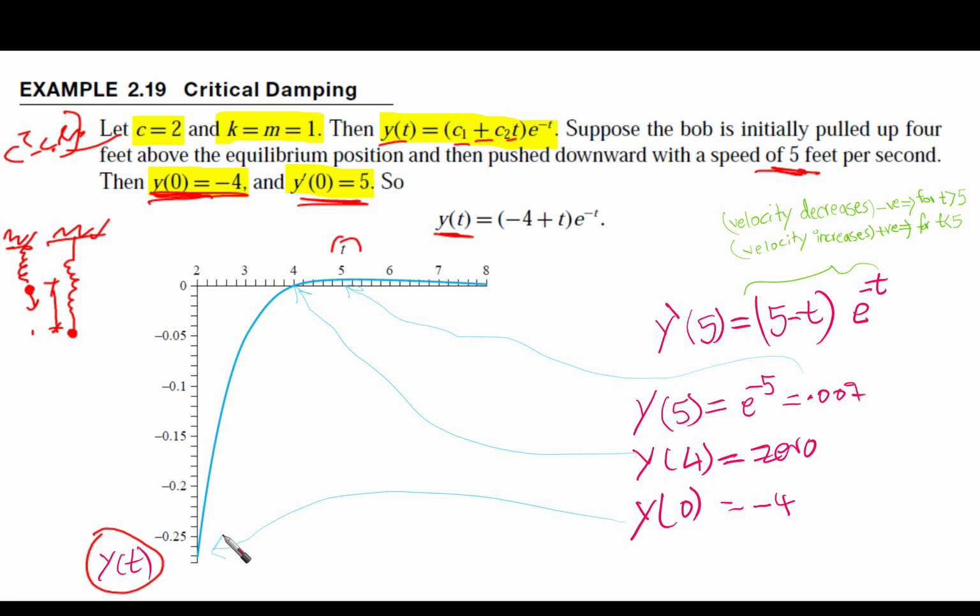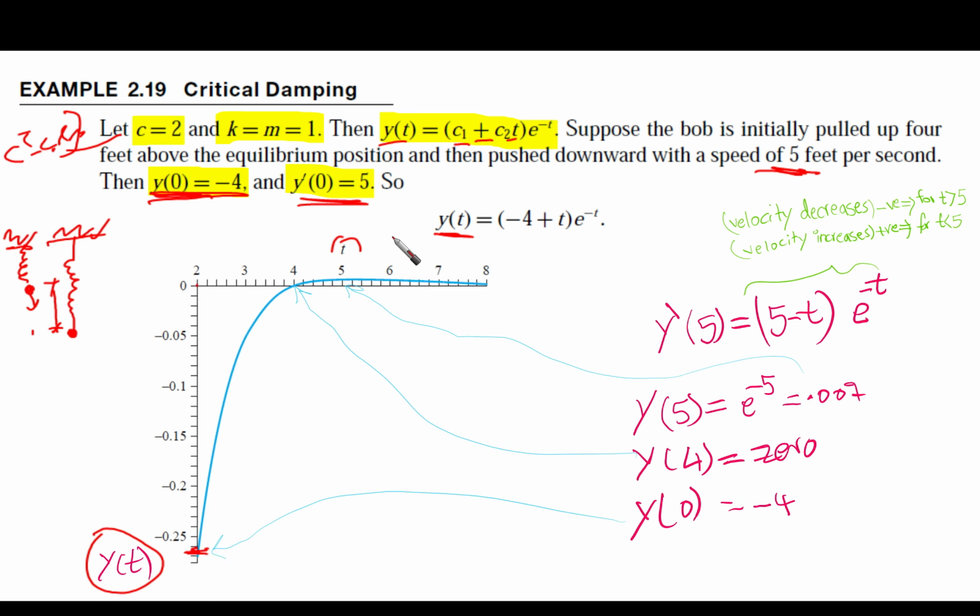The initial condition is y of 0 equal to minus 4, and y prime of 0 is 5, so the velocity here is 5.